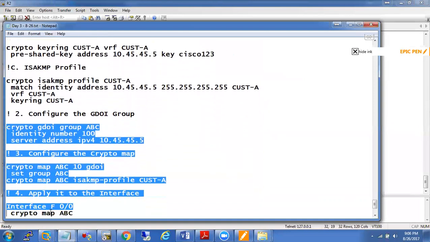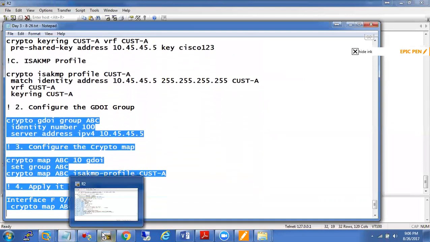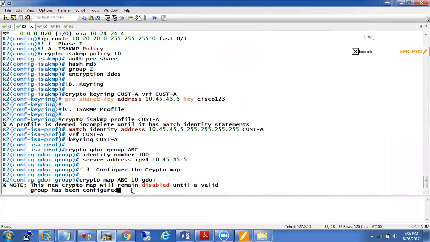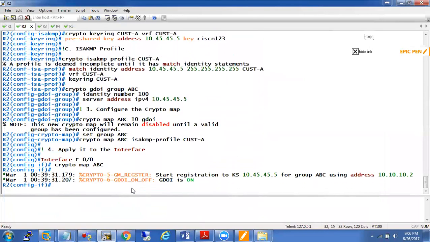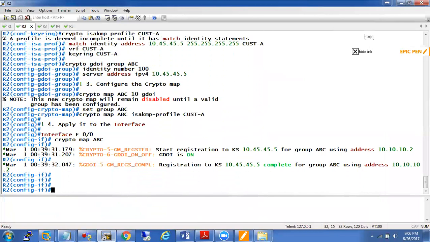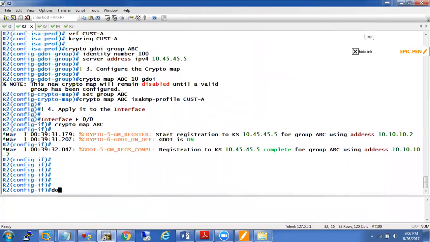This one should be okay. Applied, registration complete. So now at this point I should be able to ping 10.1.1.1 from the VRF cust A, ping 10.1.1.1, source 10.2.2.2.